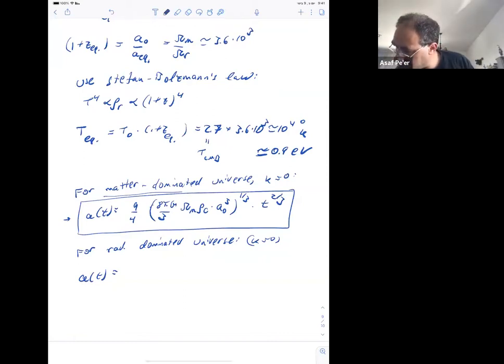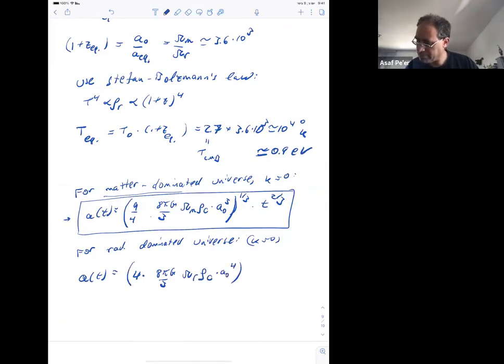The 9/4 is also inside of the parentheses. I did this calculation properly, but when I copied it to the whiteboard, I copied it wrongly. When you do it for radiation-dominated universe, you end up that a of t is 4 times 8 pi G over 3 omega radiation rho c times a0 to the power 4, all that to the power 1/4, times t to the power 1/2.